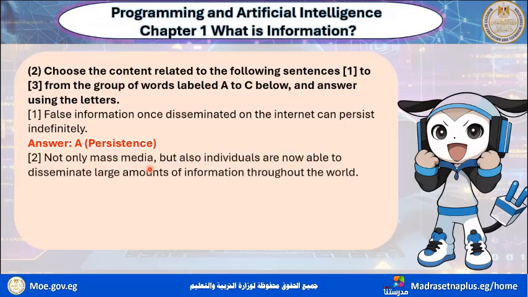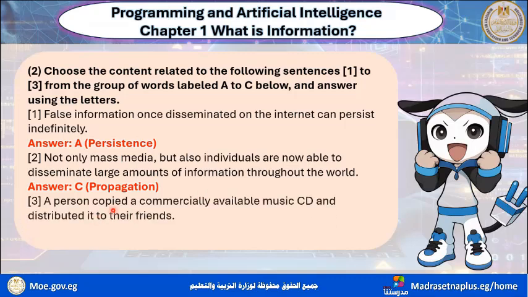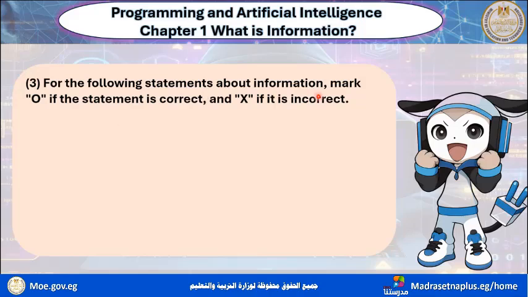Number 2, not only mass media, but also individuals are now able to disseminate large amounts of information through the world. And this is propagation. Question after that, a person copied a commercially available music CD and distributed to their friends is reproducibility.